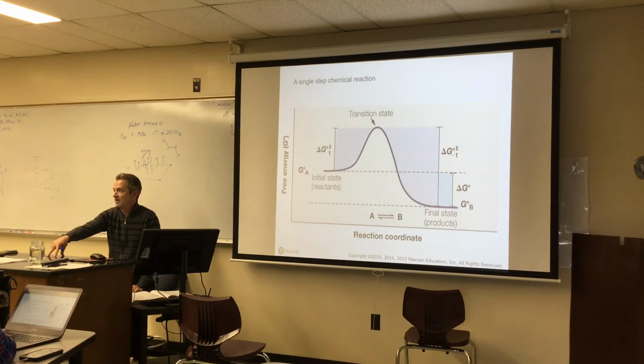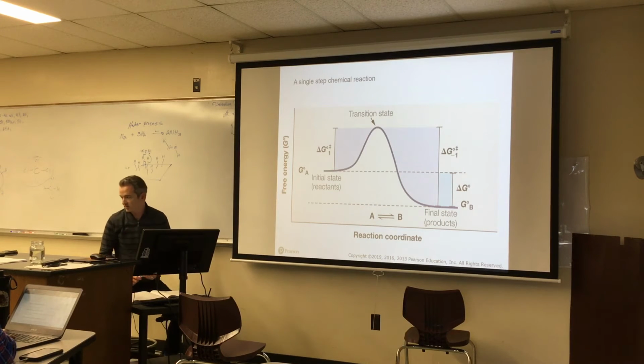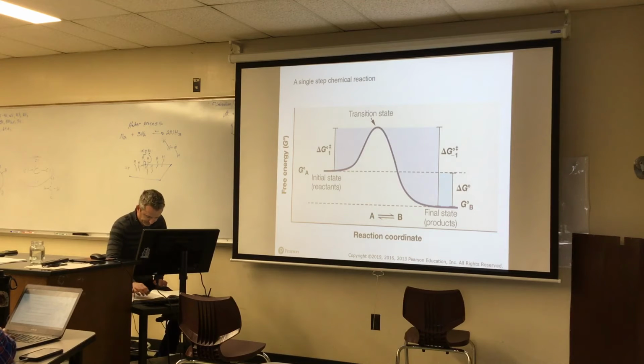Or an entirely new pathway can be favored that doesn't even utilize this transition state. And that happens quite often as well. So this is really transition state theory being applied to enzymatic catalysis.